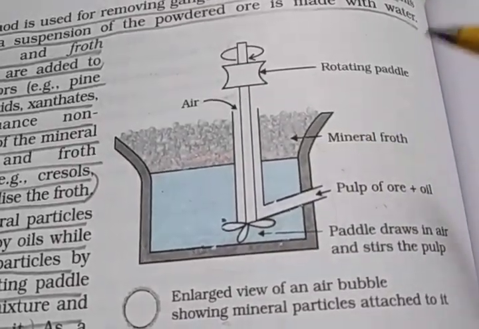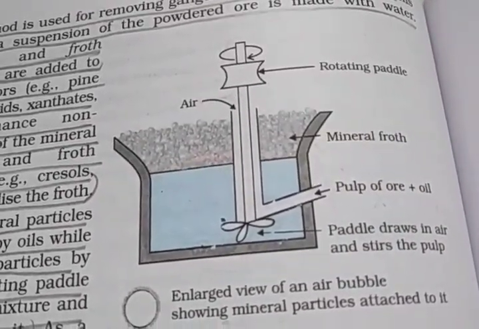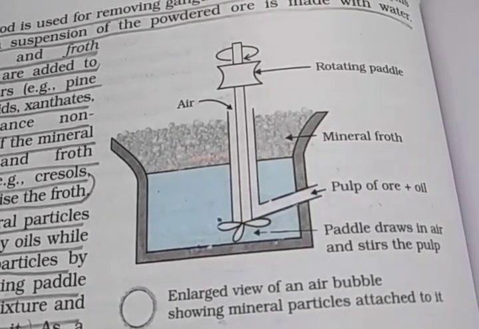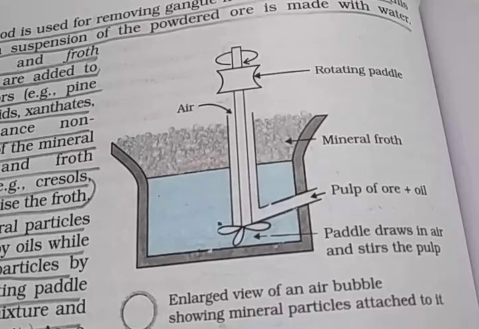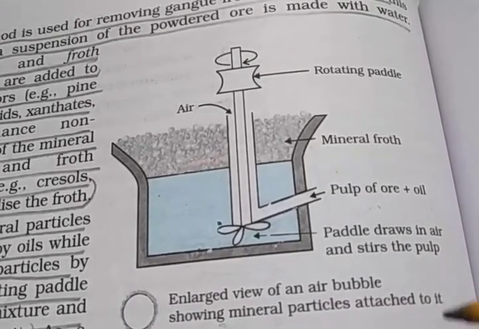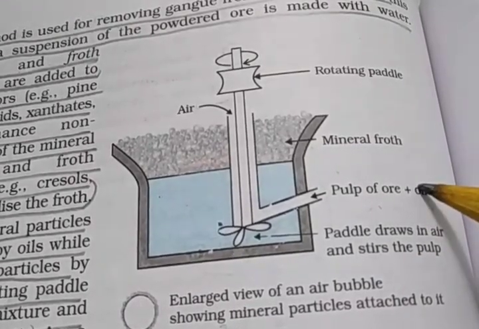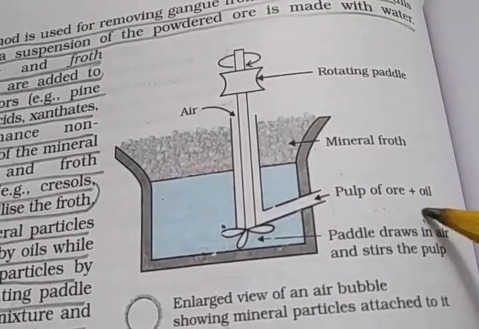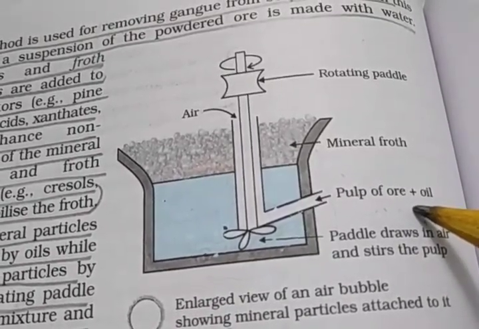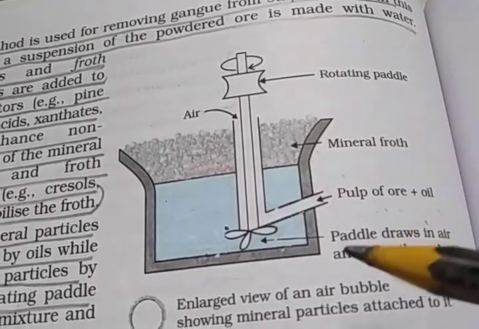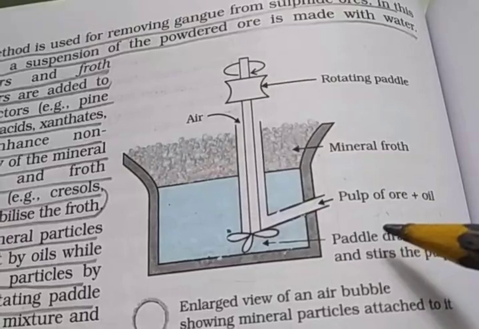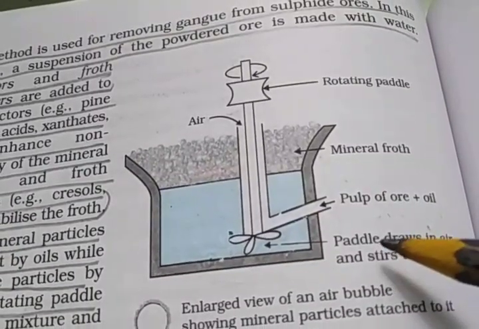Clear? Again I say, in this method we have to use collectors and froth stabilizer. Collectors are pine oil, fatty acid and xanthates, and they enhance non-wettability of the mineral particles. Froth stabilizers, for example cresols and anilines, stabilize the froth.